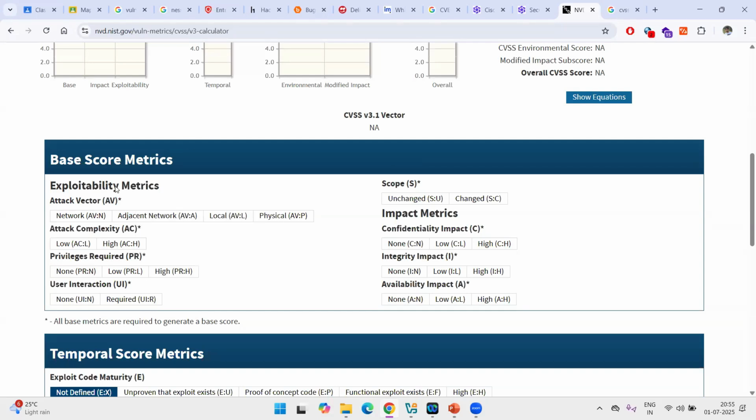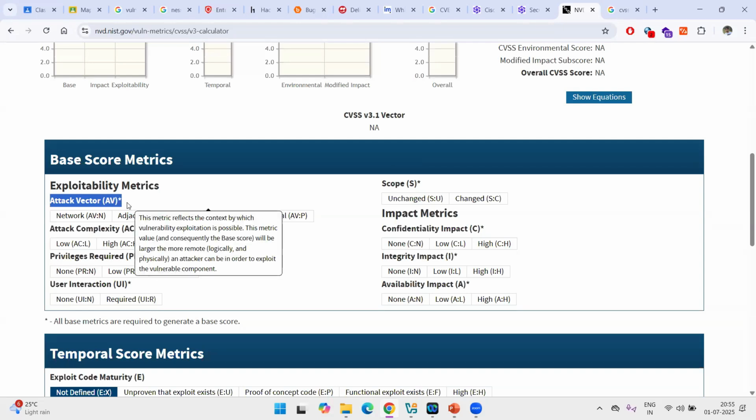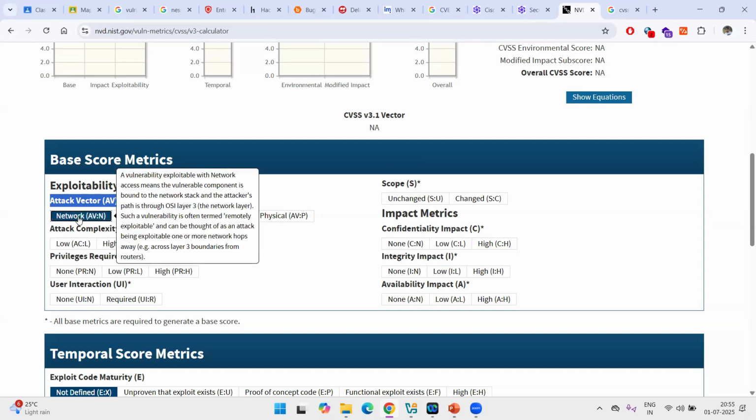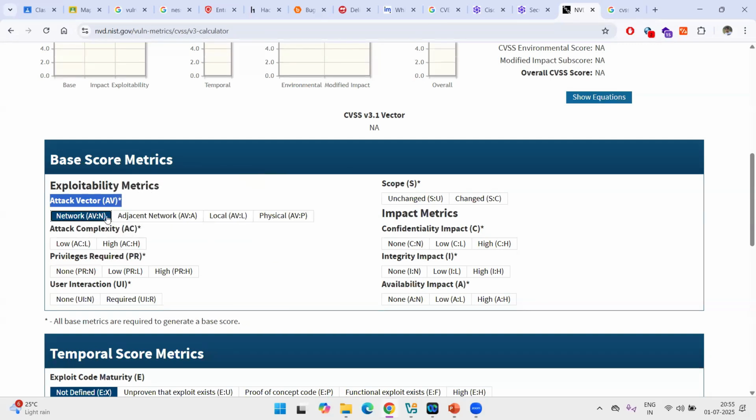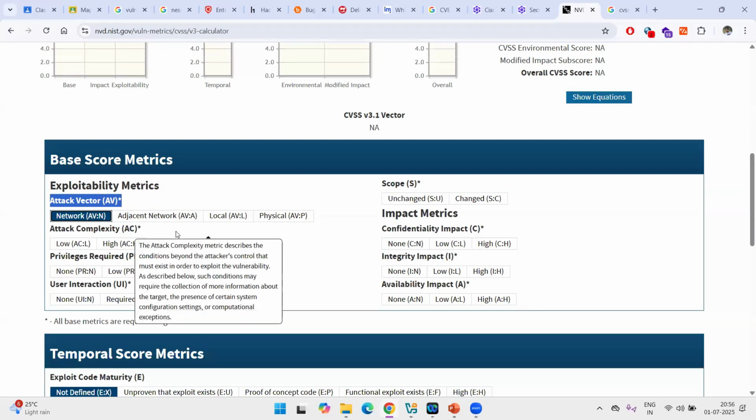Let's say attack vector. Just now we learned about this term: the path used to perform the attack. Let's say it's something which can be exploited through the network. You have a clear description while choosing it. And attack complexity: some attacks can be exploited easily and some not.